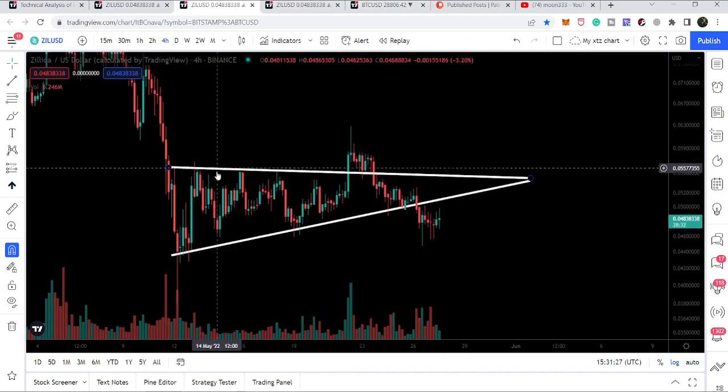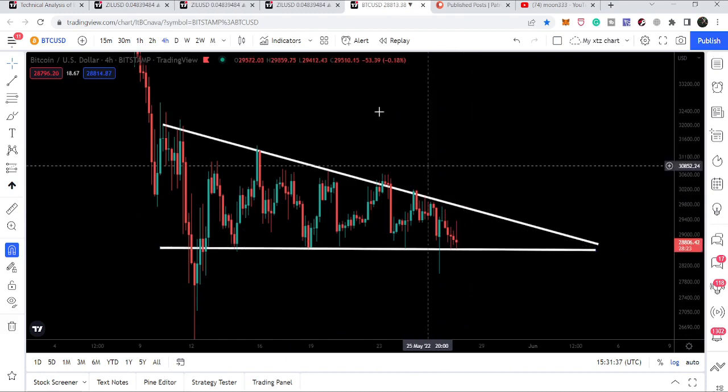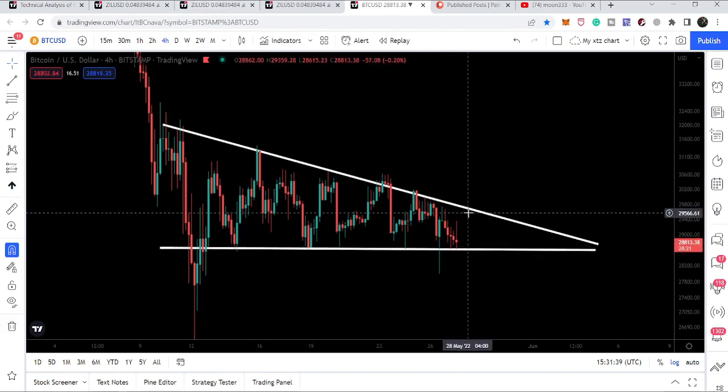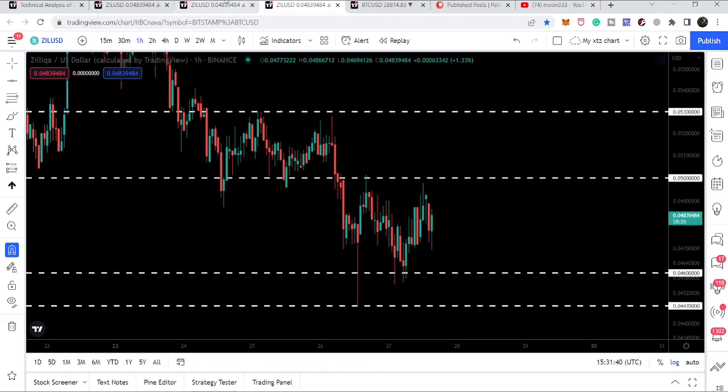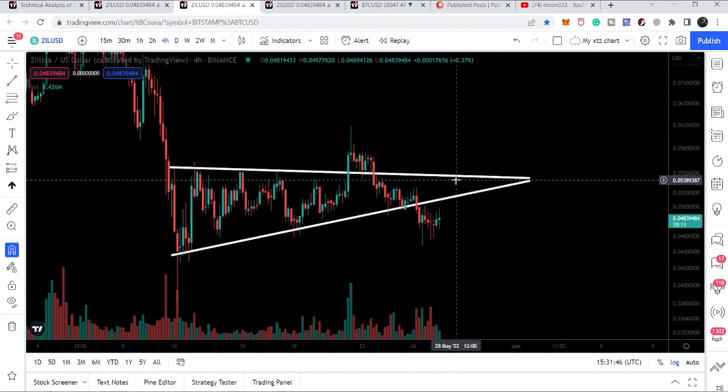Zilliqa has formed this ascending triangle on the 4-hour, and Bitcoin has formed this descending triangle on the 4-hour. And right now you can see that Bitcoin is again testing this support. If Bitcoin breaks it out, then there is a probability that Zilliqa will re-enter the same triangle, and it can break out this resistance of the triangle.